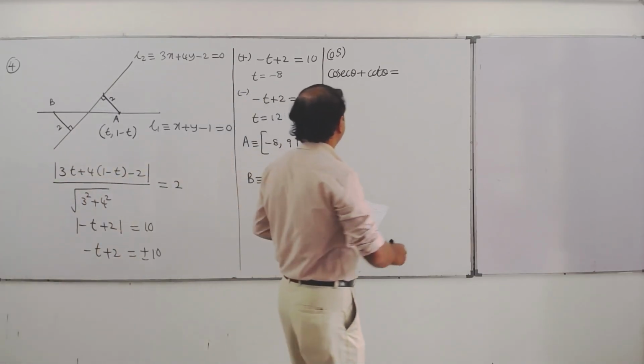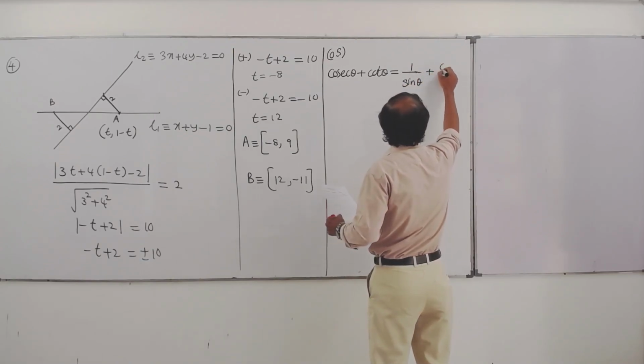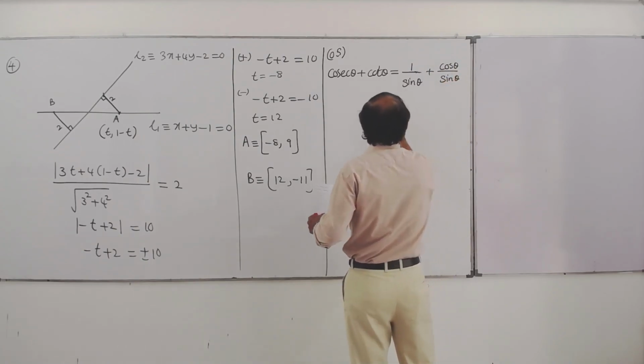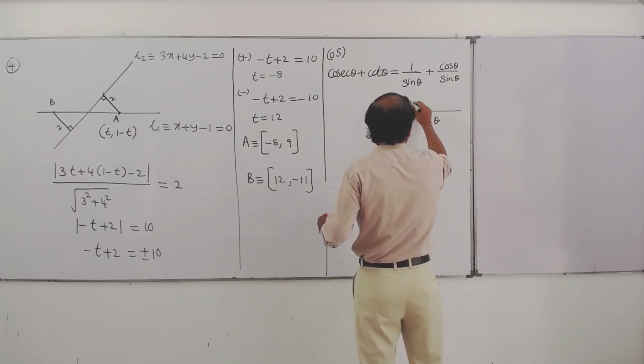Right. Now cosec theta we can write as 1 over sin theta. Cot theta is cos theta by sin theta. Now take common denominator as sin theta. Numerator now 1 plus cos theta.